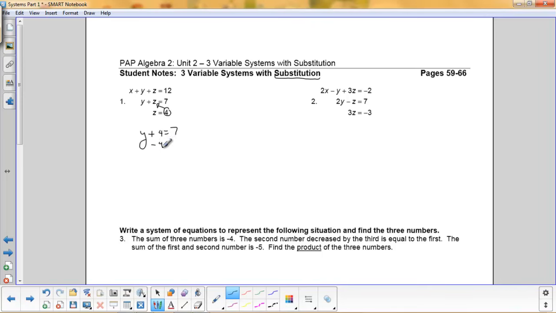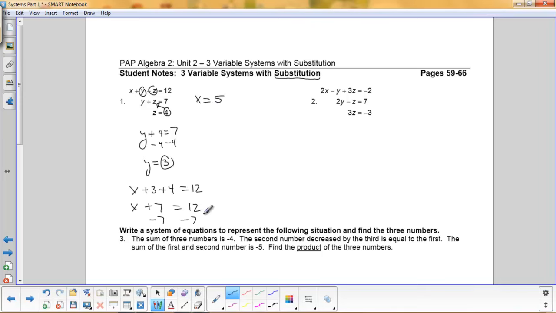Solving for y, I get y equals 3. I'm going to take these two combined solutions and plug them into the first equation. So x plus 3 plus 4 equals 12. X plus 7 equals 12. Subtract 7, and I get x equals 5.